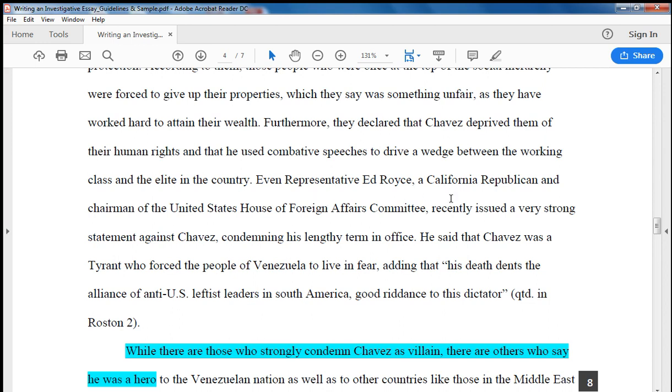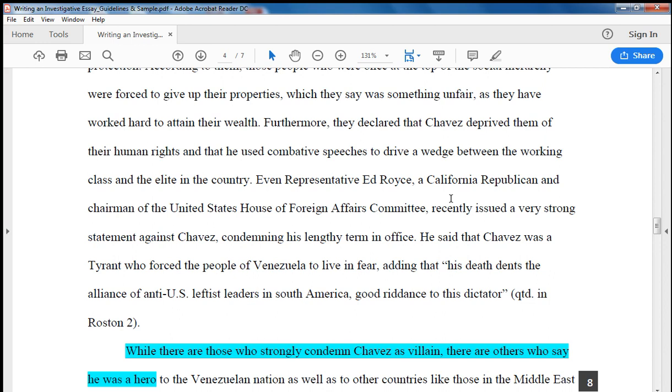An alternative to the block paragraph, which you can use if you wish, is to present a critical perspective in one body paragraph, and then in the following paragraph, a perspective that's the opposite, from someone or a group that is in favor of Chavez.